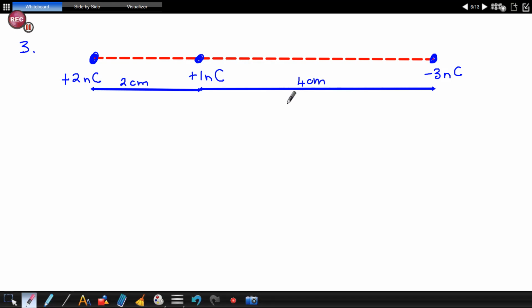So this is Q1, that's Q2, and that's Q3. The centimeters is a problem. What can I change them to? So it's 0.02 meters and 0.04 meters. You know why? 100 centimeters in a meter.